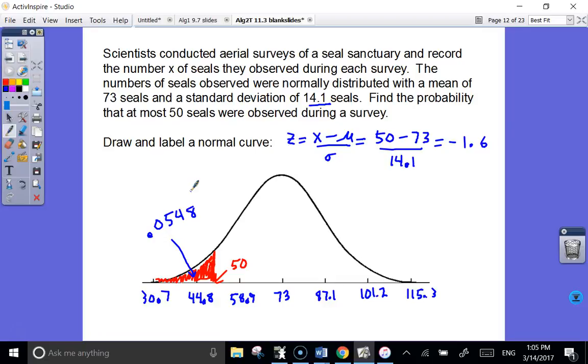And what is the percent then? 5.48%. So what's the probability that at most 50? It's about 1 out of 20, meaning that 19 out of 20 times you would have seen something more than that. It would have been unusual to only see that many.